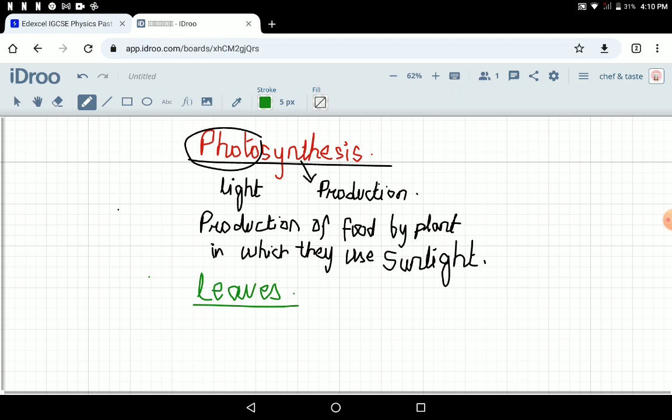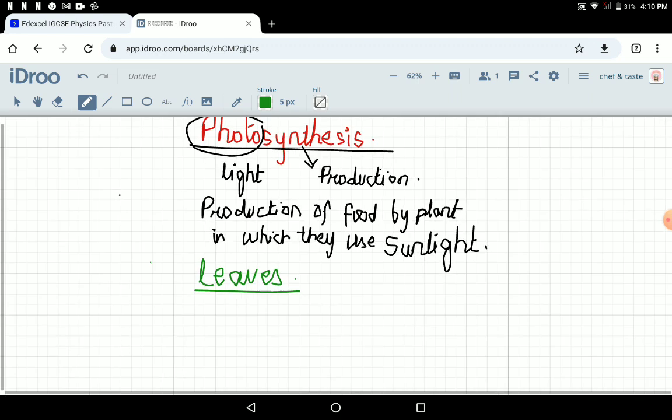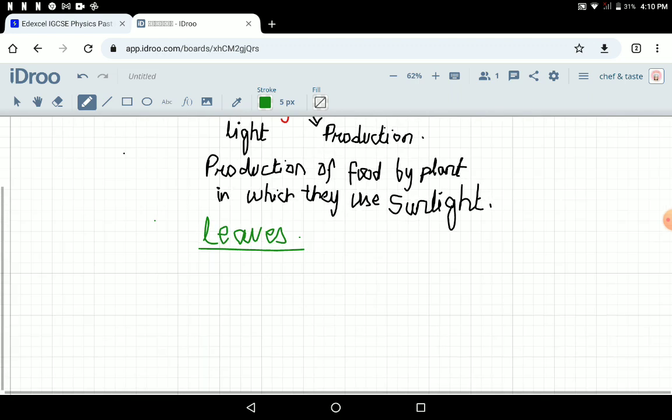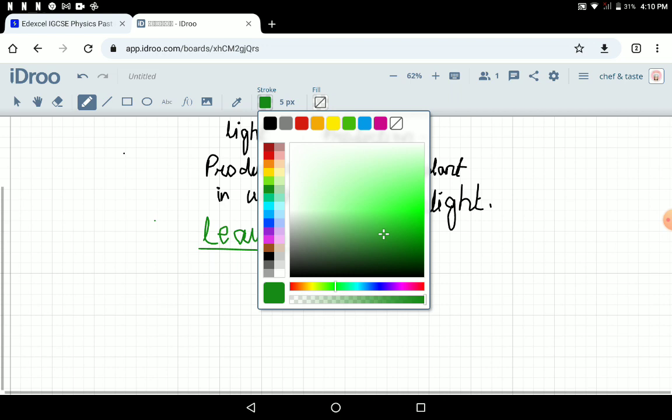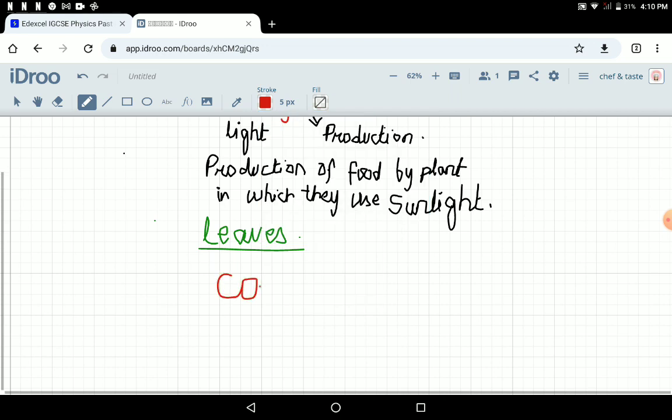As it is a biochemical process which also includes a chemical reaction, first we'll look at the reaction of it. It includes carbon dioxide. CO2 is the formula of carbon dioxide. C stands for carbon, O2 is oxide.